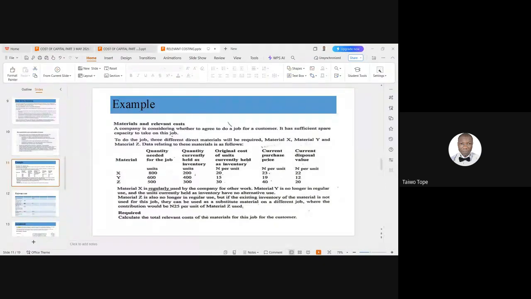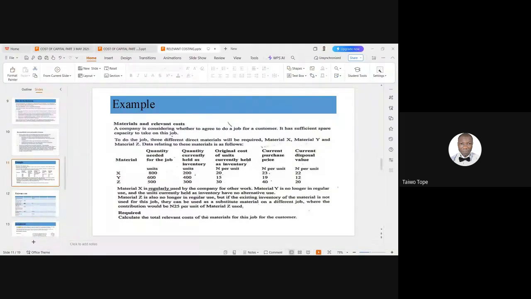How many units do you need more to make 600? 200. Fine, 200. That unit you have in store of 400, the relevant cost is the opportunity cost. The relevant cost is the opportunity cost.